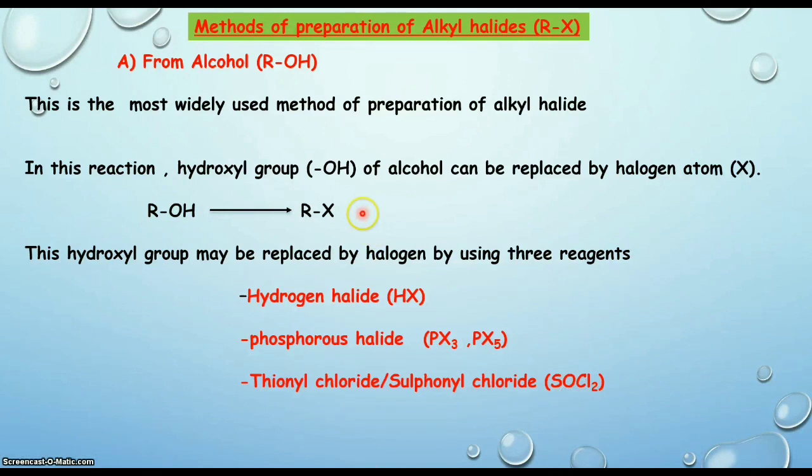Students, one thing we have to remember during this formation of alkyl halide from alcohol: if we are using any of these reagents, one thing is common in all the preparations, that is, OH of alcohol is replaced by halogen.